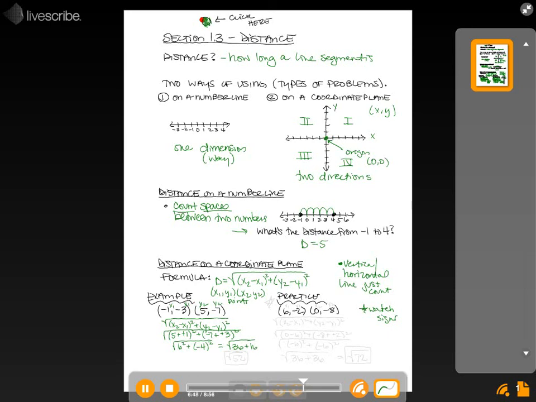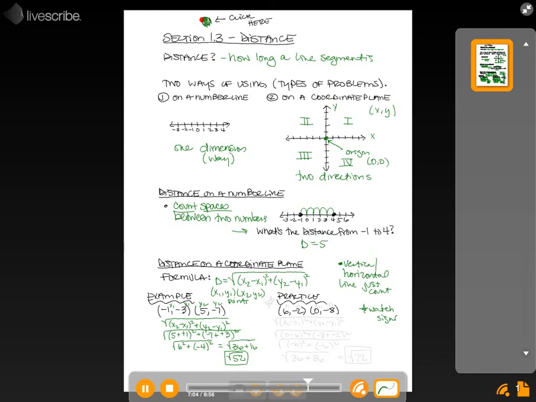Anytime you square a negative, it is positive. And then we add those two together. 36 plus 16, well, that's going to be the square root of 52. So there's our answer, square root of 52. That's all I want you to do. I want you to leave it like that, okay?